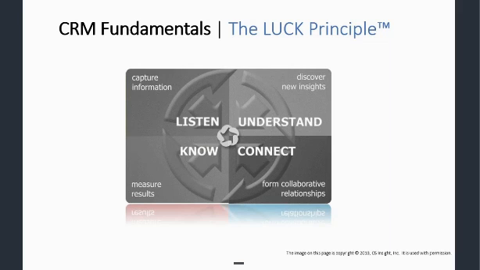But a larger business starts running into problems because the luck principle requires the efforts of many people to pull it off. Listening now means multiple sales, customer service, and marketing people making an individual commitment to key in customer information, and the company making a corporate commitment to merge in data from accounting systems, website, and third-party data providers.